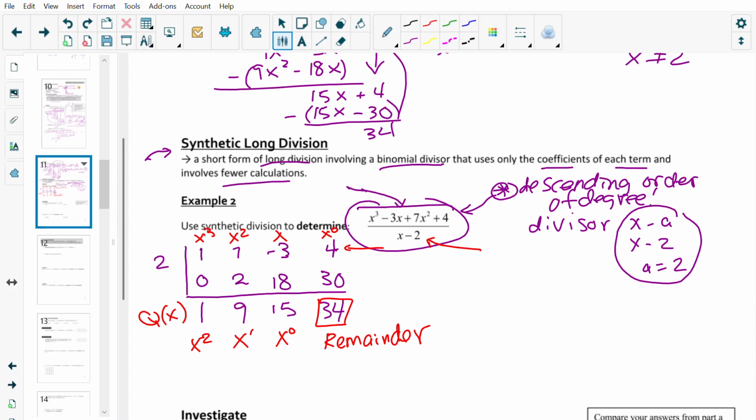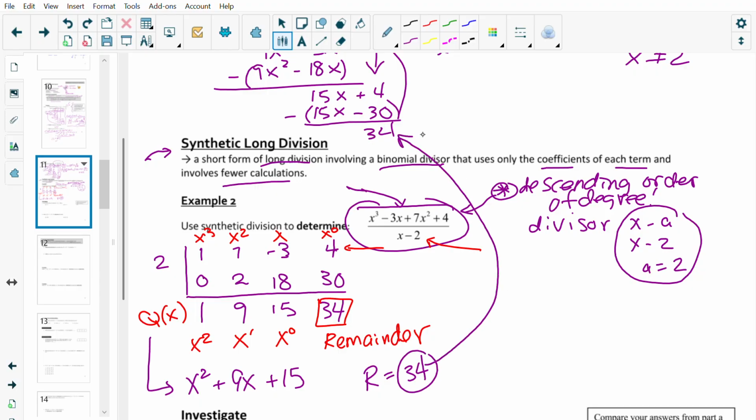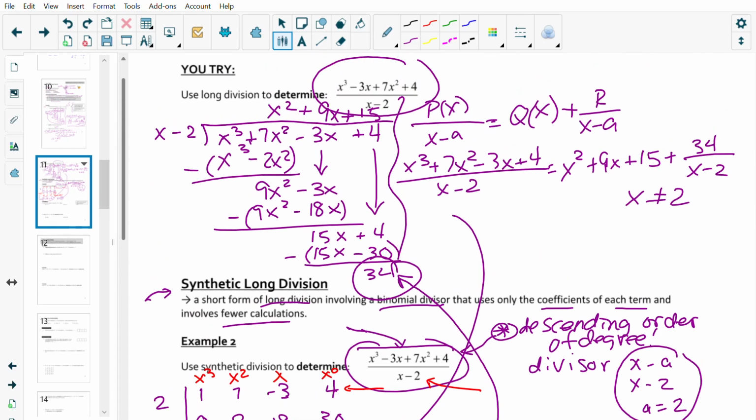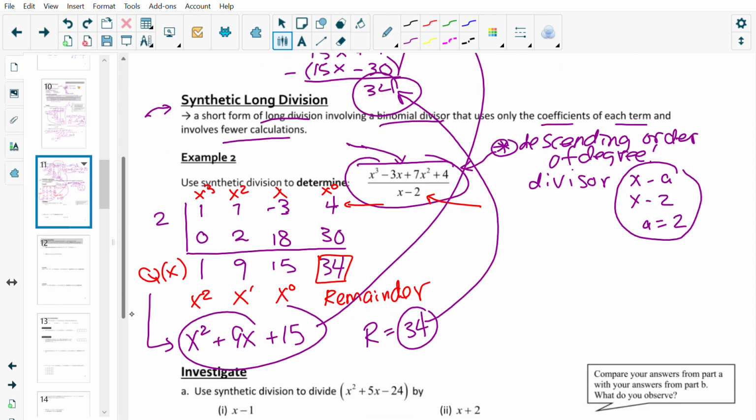The quotient q of x is x squared plus 9x plus 15, and the remainder is 34. Same 34, same quotient.